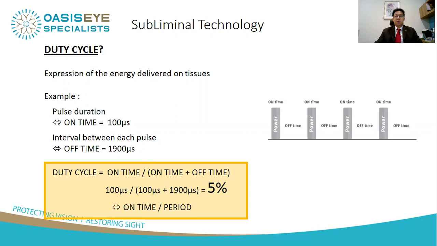So we must understand a concept called duty cycle, which is the duration of on time and off time the laser has reaching the retinal surface. And this is equivalent to a percentage. What we're using in most cases is a 5% duty cycle, so a very low duty cycle to generate laser at the retinal pigment epithelium.